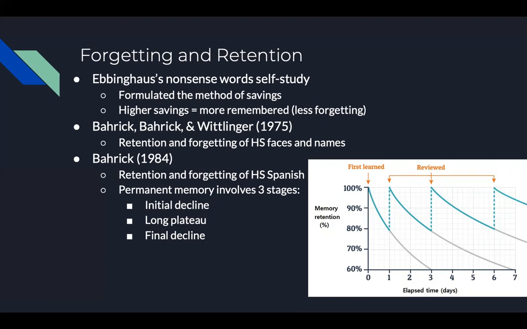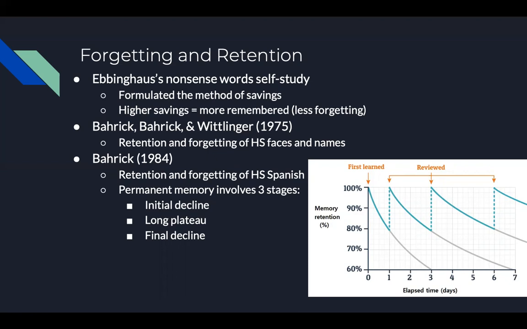And so just as a refresher, he used three-letter nonsense words. So these were words that actually didn't exist to test memory and to control for the possible influence of word meaning. So he was really just trying to make sure that the meaning of words wasn't playing a role in the memory. And remember that he had a sample size of 1 himself.